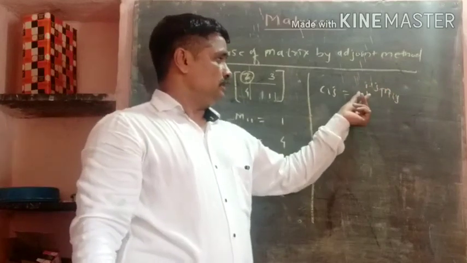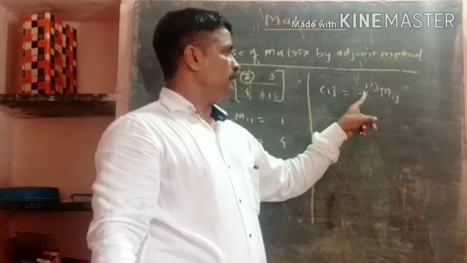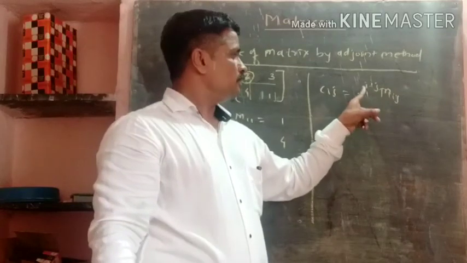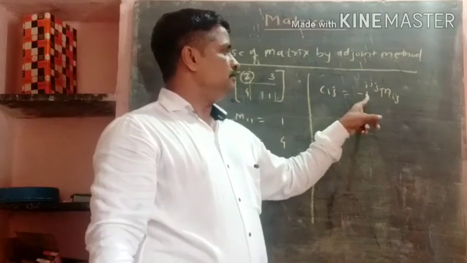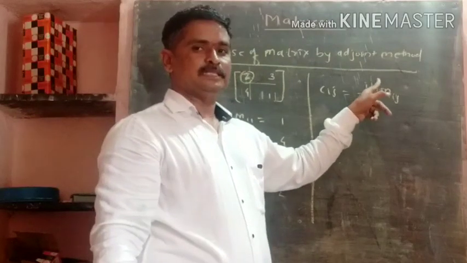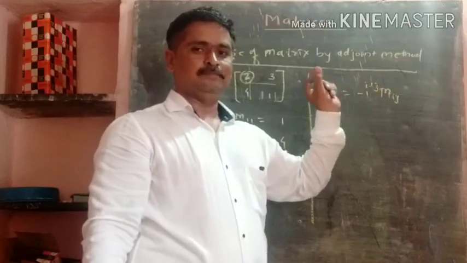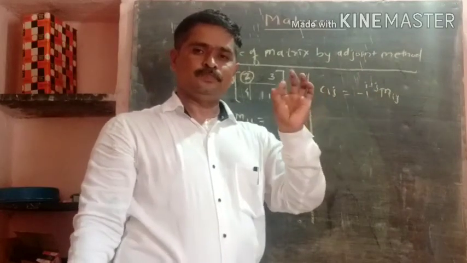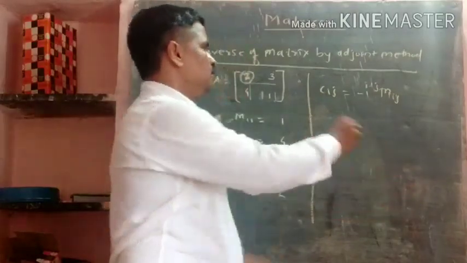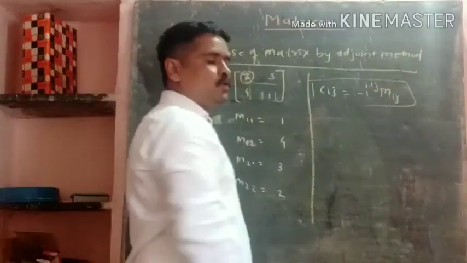So that number belongs to which row and which column. If that number belongs to the first row and first column, that means minus 1 raised to 1 plus 1, that is minus 1 raised to 2, equals plus 1. So it is a very short trick and we have the idea about cofactors.